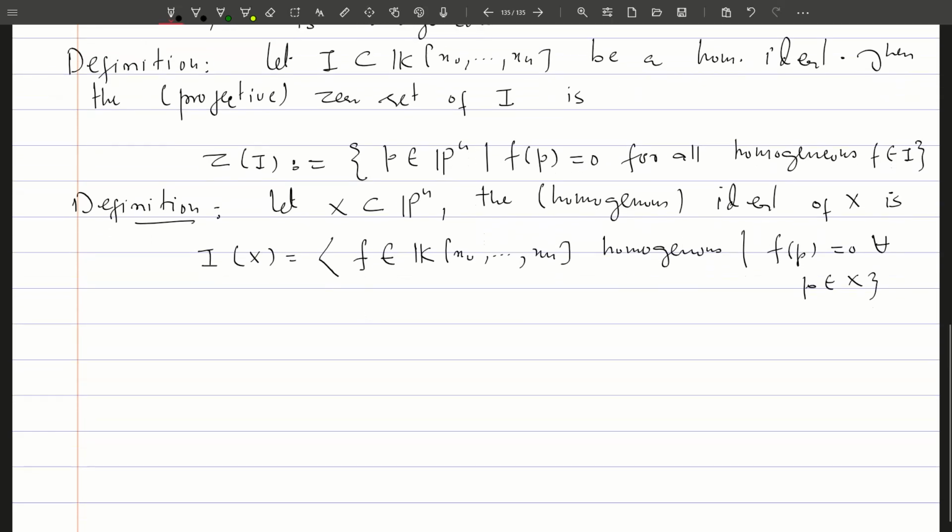So we have a remark here: if f is not homogeneous, can we define the zero set of f?